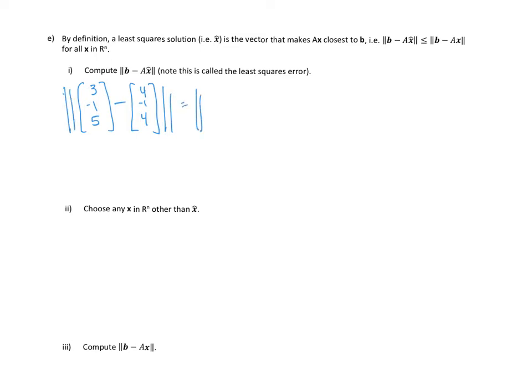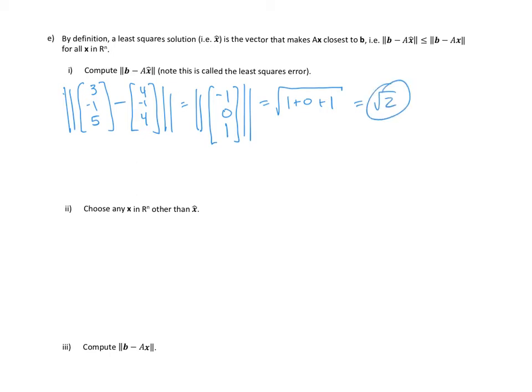So that's going to be the length of 3 minus 4 is -1, -1 plus 1 is 0, and 5 minus 4 is 1. Okay, so that's the length of Z. So that would be the square root of 1 plus 0 plus 1. I just squared each component, adding them together. So that's the square root of 2.